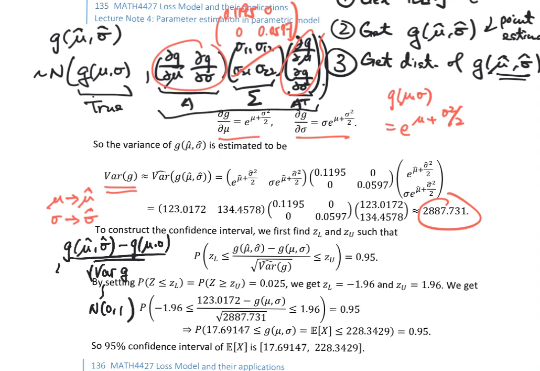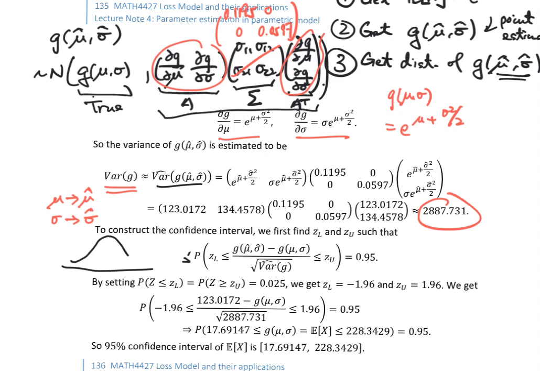Then you try to get your ZL and ZU and make this probability equal to 95%. Of course, your variance can be replaced by this approximate value. To find ZL and ZU, again you are seeking the symmetric confidence interval.